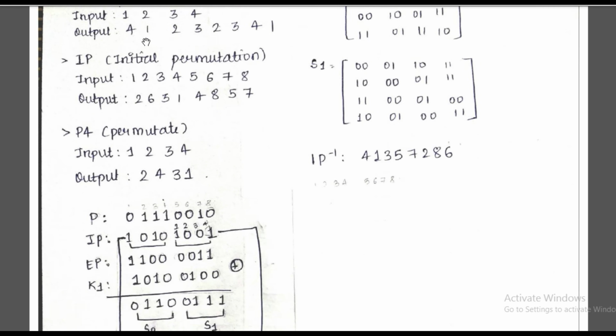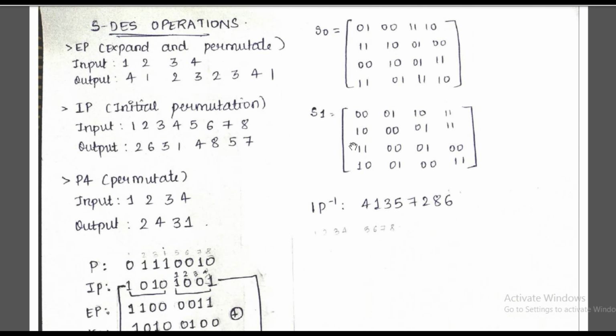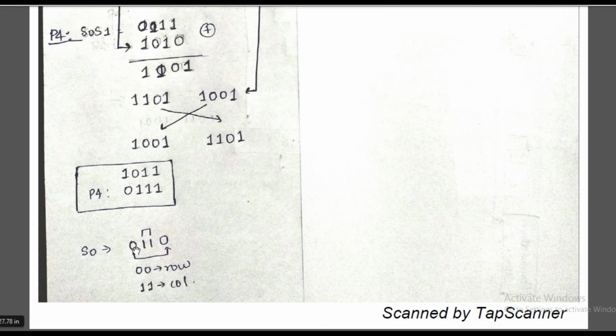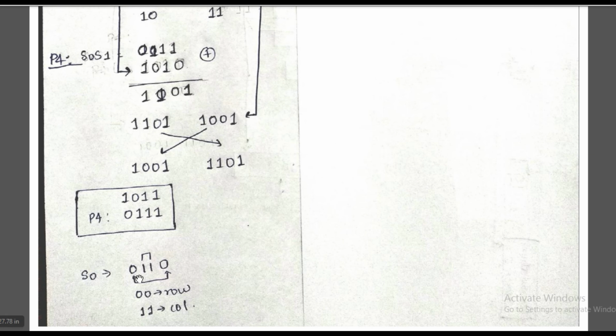Now let us see what to do with this input to convert it into 2 bits. We'll go to the S0 matrix, and we have the input for the S0 matrix as 0110. What we will do is take the first and the last bit, and together they will form the row.